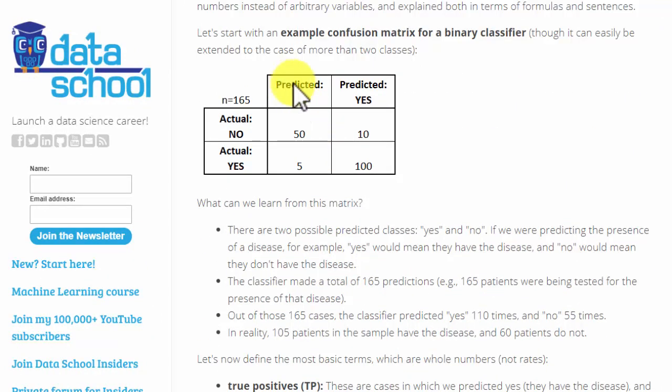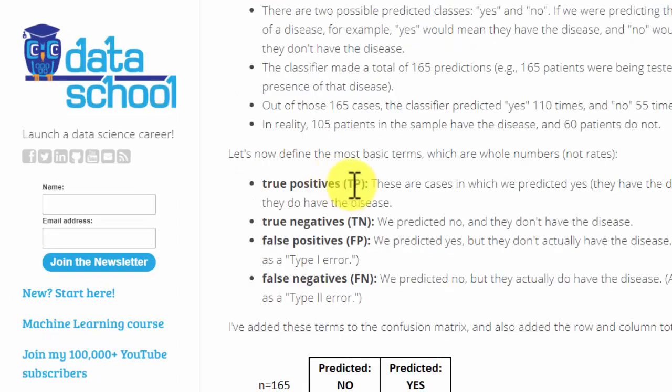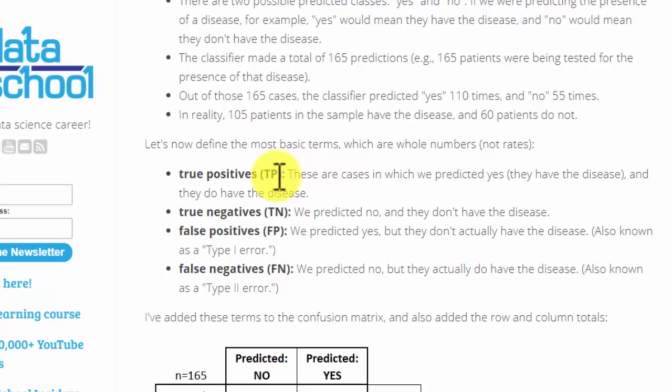So on the top side you have predictions, and on the left side you have actual. And when you measure the success of a machine learning model, generally you want your predictions to be pretty close to the actuals, right? So that's generally true positives. The way you read it, TP, you read it from left to right, but I found that from a conceptual perspective, if you read it from the right to the left, it's actually easier.